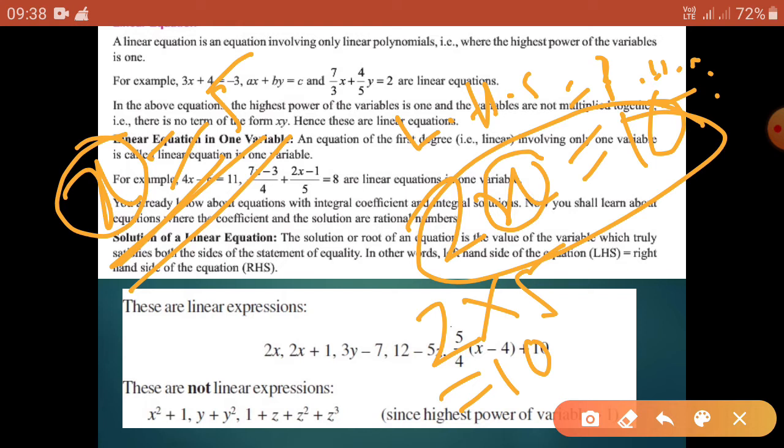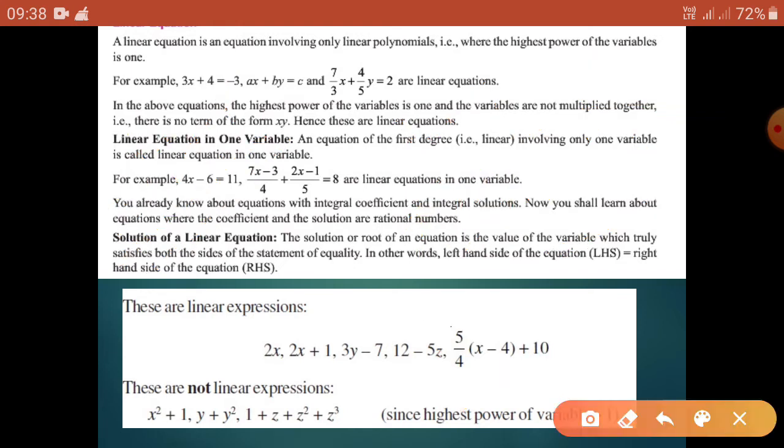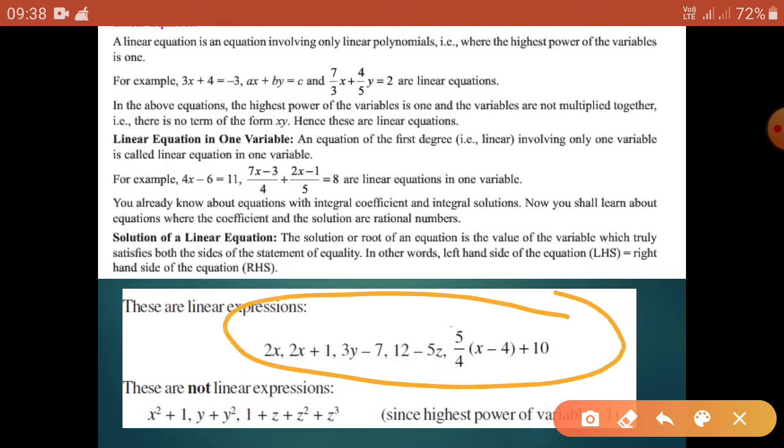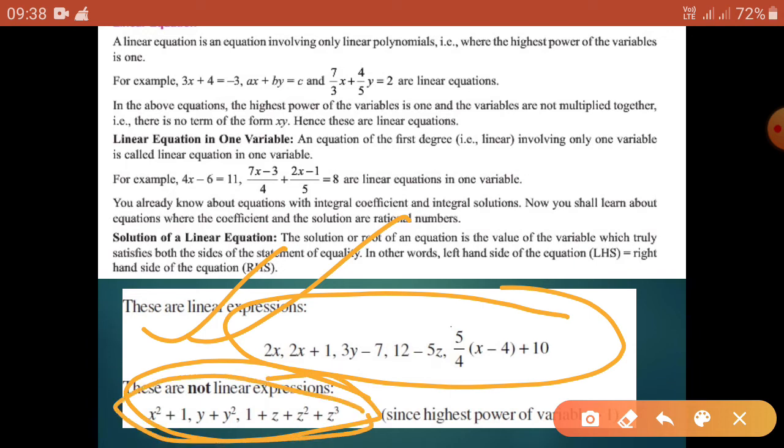We will be discussing this later also. Below there are some linear expressions and non-linear expressions. These are not linear expressions as the highest power of the variable is greater than 1.